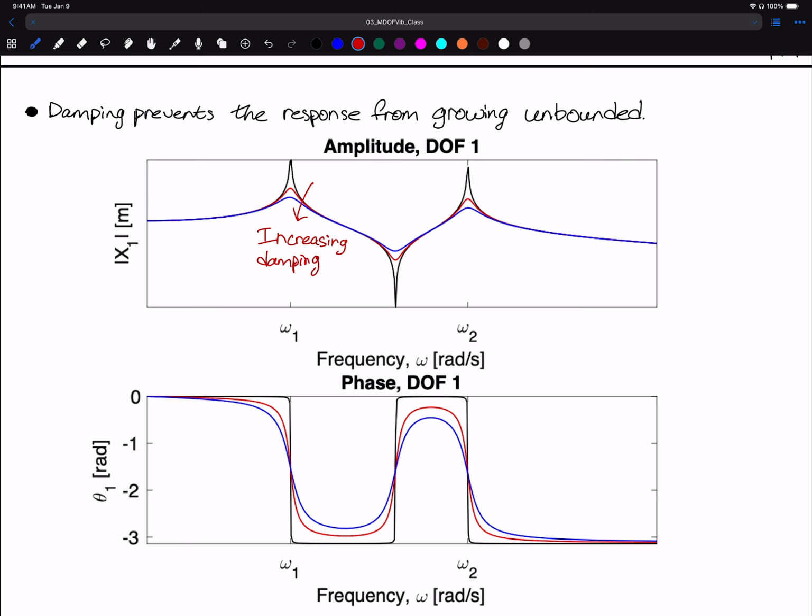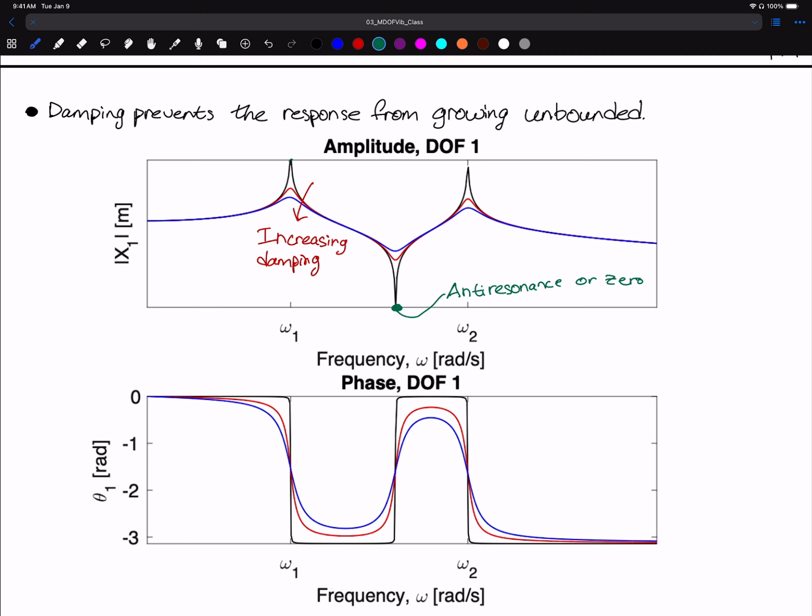So one thing to be aware of is that in these plots, you end up with both what we call resonances and anti-resonances. So this point that I'm now drawing in green is known as an anti-resonance, or also known as a zero.